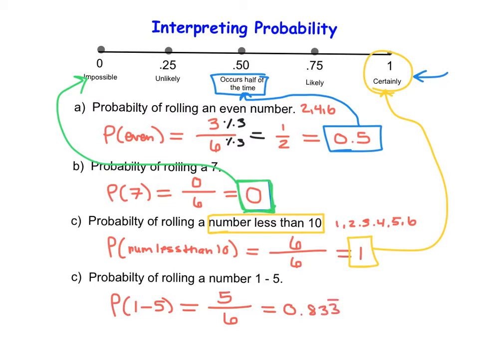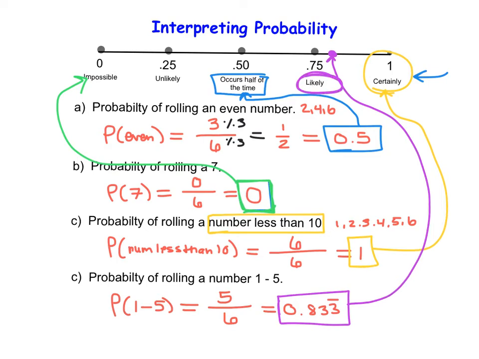So here, if I try to interpret my probability, this is landing about right here. So what this particular situation is telling me is that this event is likely to occur. I am likely to roll a number from 1 to 5 when I roll that dice, which makes sense because most of the numbers are from 1 to 5 and only one number represents something that is not 5.